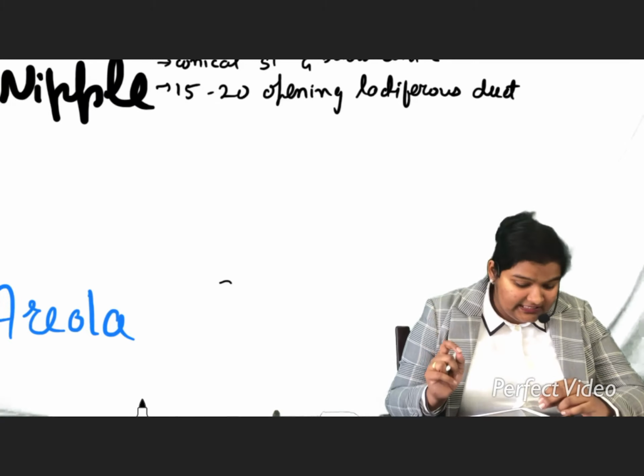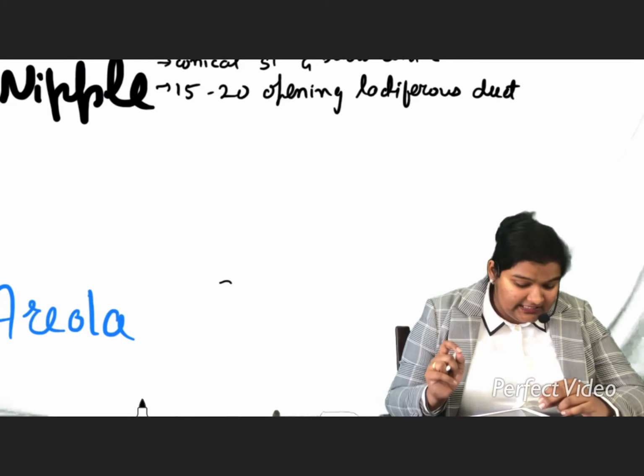The nipple has 2 types of muscles present in it. What are those? One is circular smooth muscle and the other is longitudinal smooth muscle.